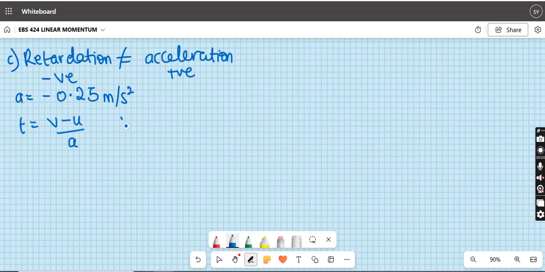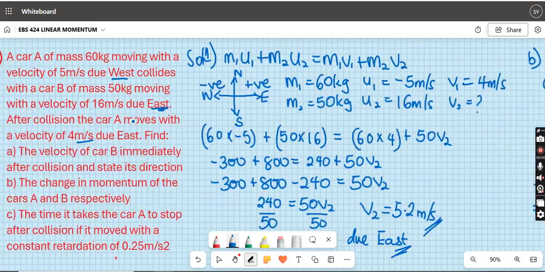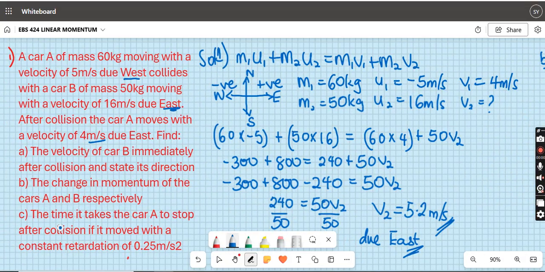So it will be v1 minus u1 over a. What is v1? Let's go back to the question. It's saying that the time it takes the car A to stop after collision.